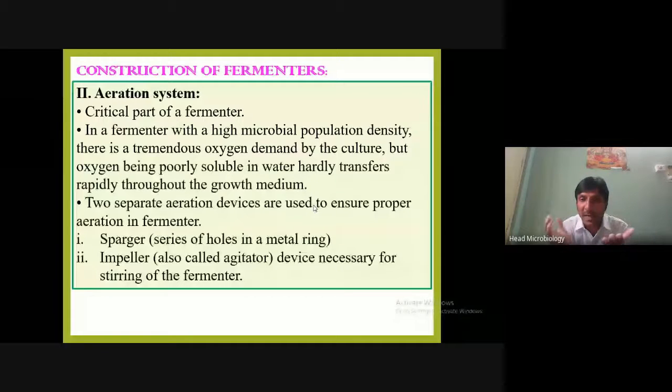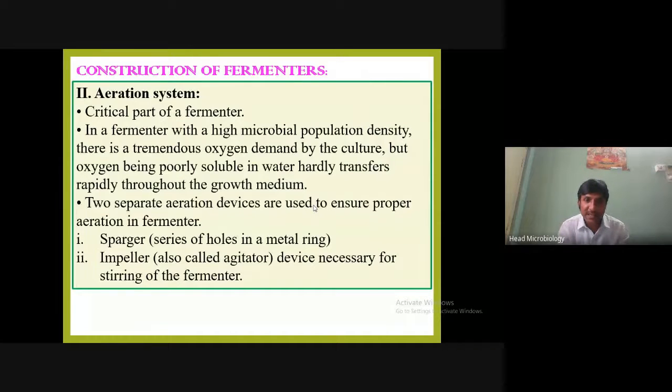We have bought everything, media preparation is done, and inoculation is ready. If the aeration system is not there, the yield is very low. There is some yield, but compared to with aeration, the product without aeration is very little.